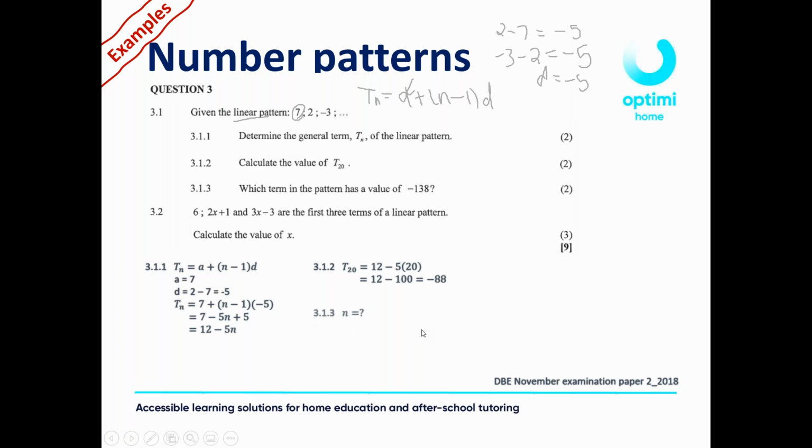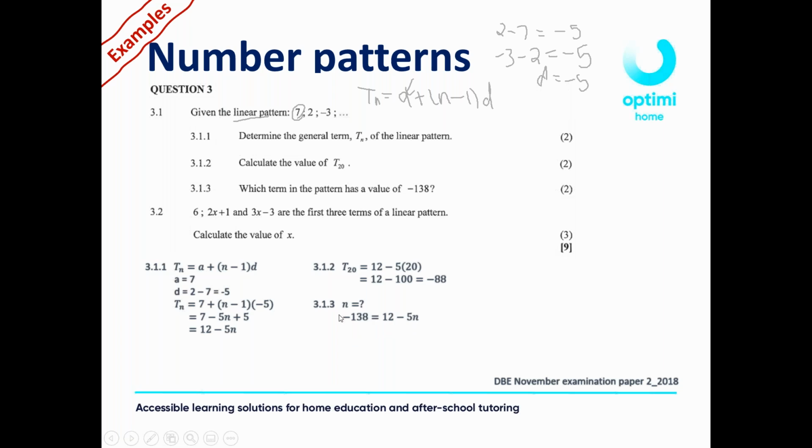So 3.1.3 says which term in the pattern has a value of -138. It means that this entire general term part is actually a value. So you're going to substitute this value into the Tn and you're going to solve for n because I want to know the term number, which is equal to -138. Like I said, you want to calculate your n.